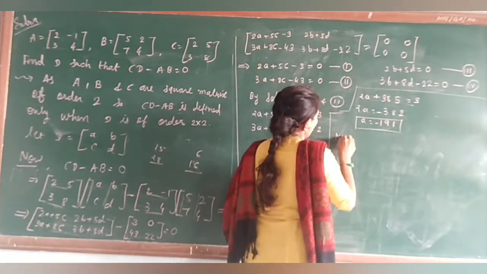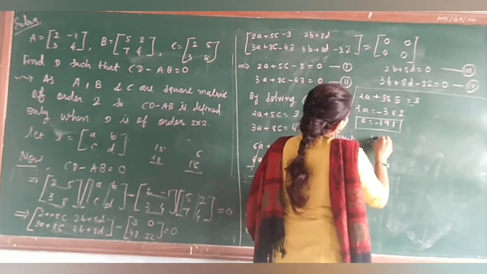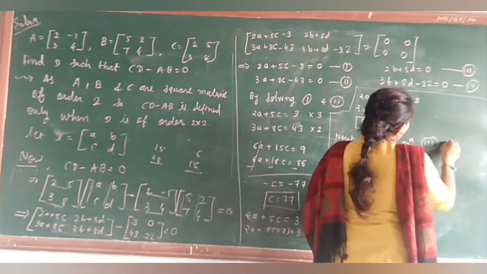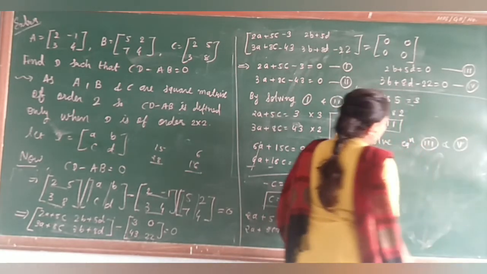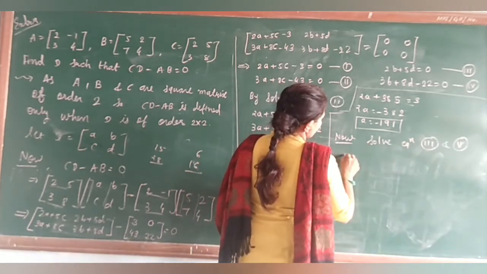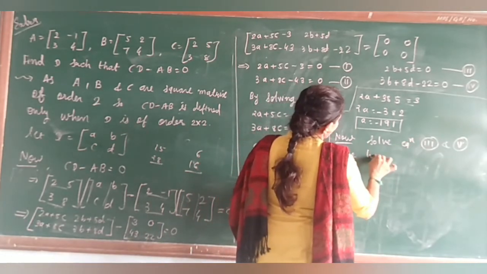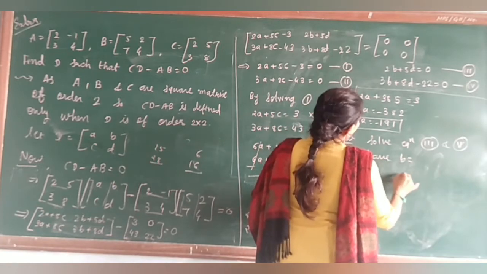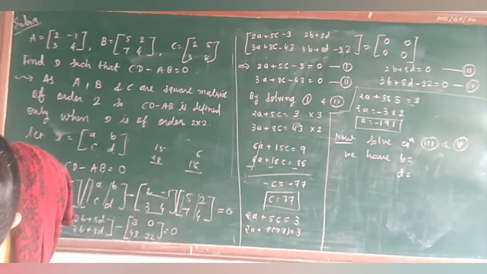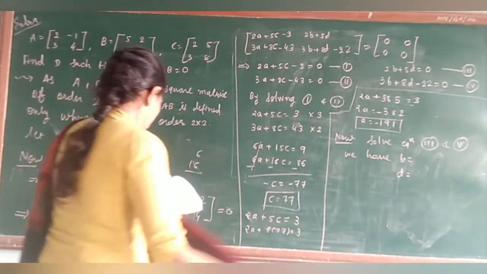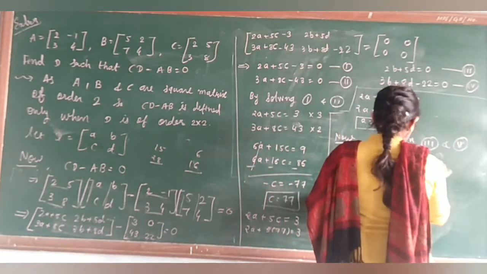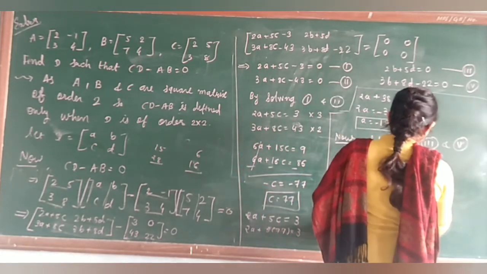So now solve equations 3 and 4. So by solving equations 3 and 4 you will get b is equals to minus 110 and d is equals to 44.